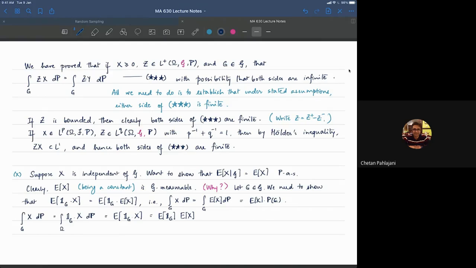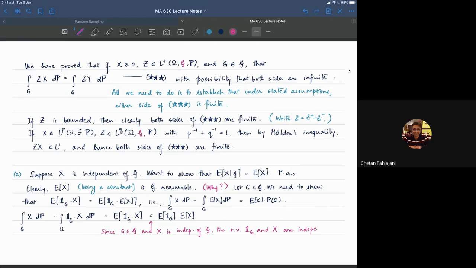Let's make a comment. Since G is in the sigma algebra G, and X is independent of G, the random variables indicator G and X are independent.